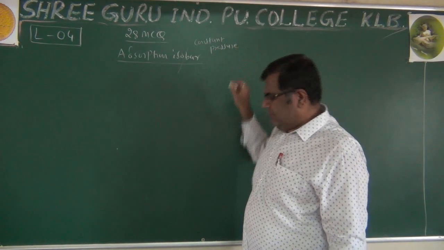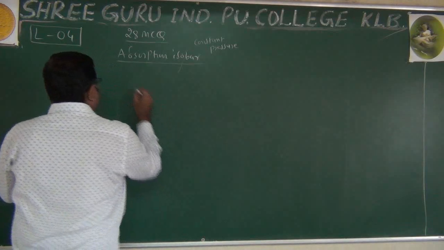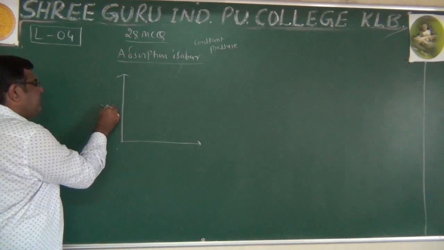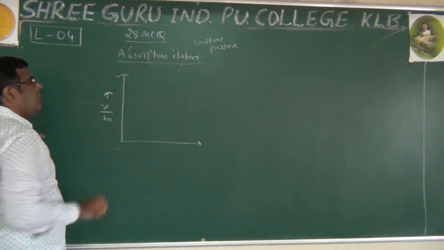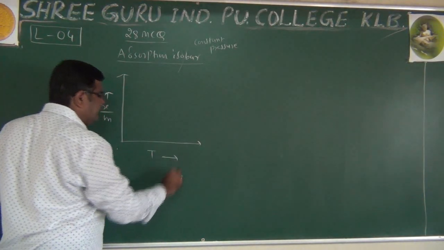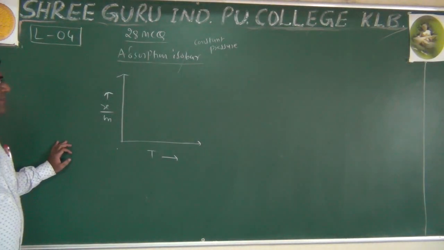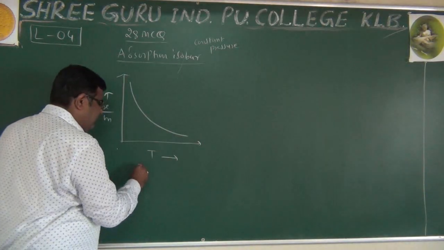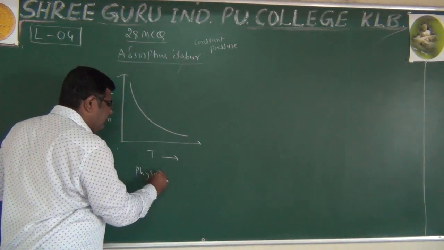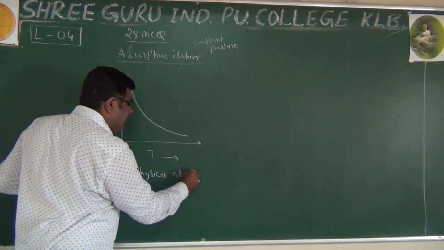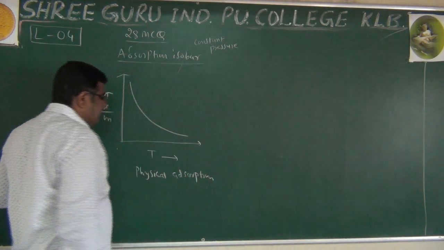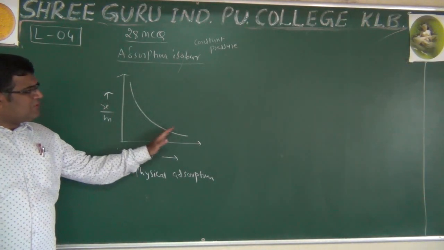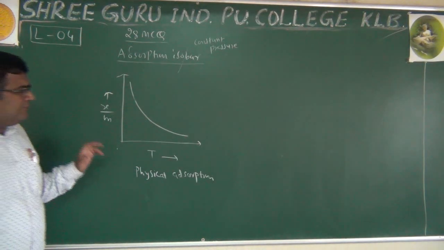So we can plot x by m on the y-axis and temperature on the x-axis. If we come across this type of isobar, clearly this is the case of physical adsorption. It means as temperature increases, physical adsorption decreases.